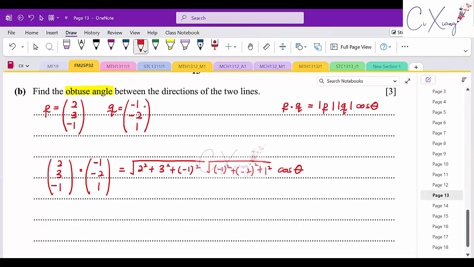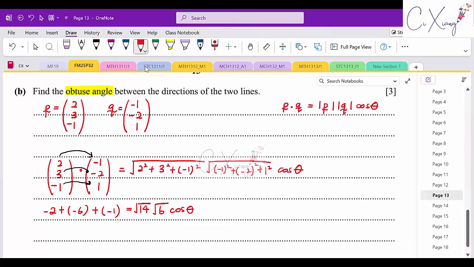Then how can we apply the dot product here? You take x multiplied with the x component, so you are having -2. Then plus y multiplied with the y component, so you're having -6. And lastly, z multiplied with the z component, you're having plus -1. On the right hand side, adding the terms in the square root, you'll have square root 14 multiplied with square root 6 and then cos theta.